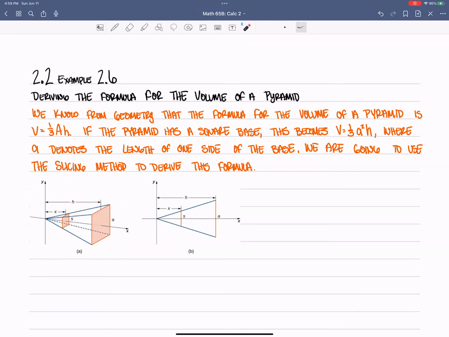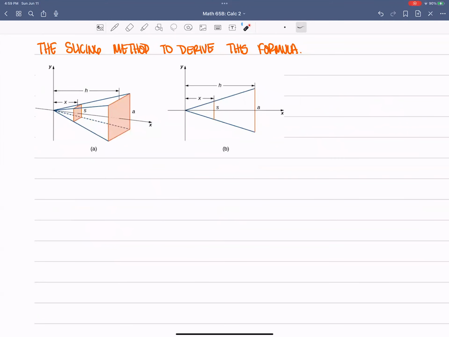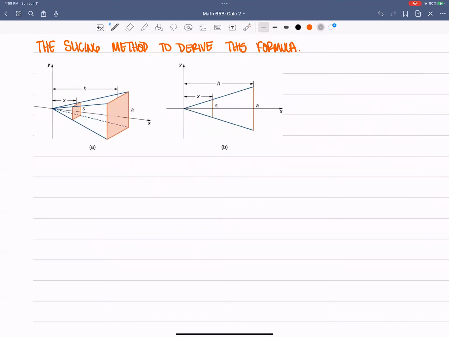So here we're just integrating the cross section, which means we're integrating our area. The area there is just going to be s squared, integrating from 0 all the way up to whatever this value is over here.